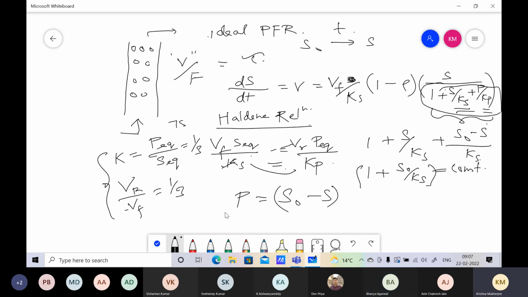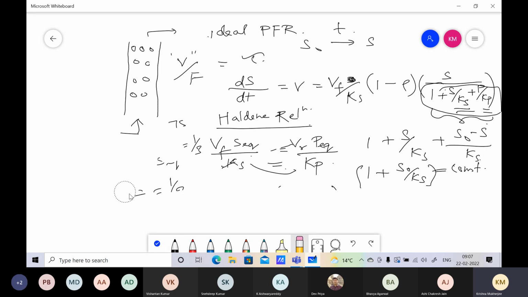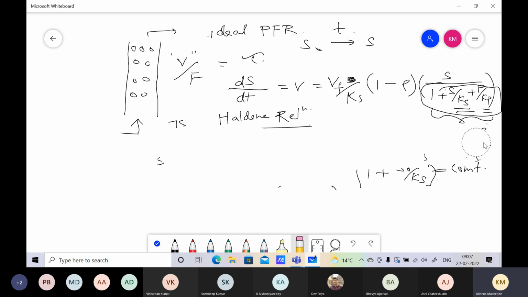Let me see. Or maybe it is 1 by 9. Maybe you're right. I don't know. I was trying to do it very quickly. But what is the Haldane relationship? Okay, let us rub it out and do it very carefully here. If it is 1/9, then the integration becomes a bit more irritating, and the problem becomes a bit tougher. Usually, for the forward reaction, yes, actually you're right.